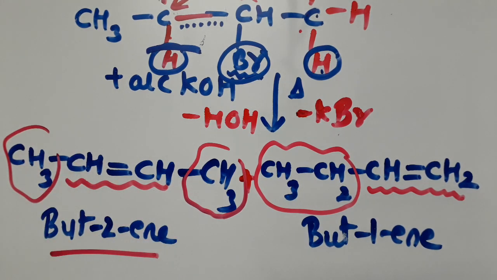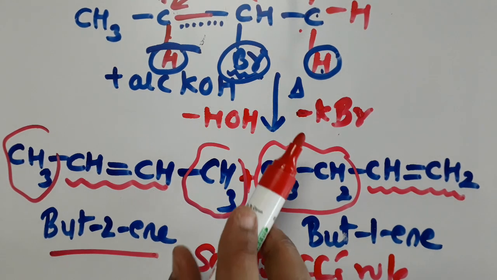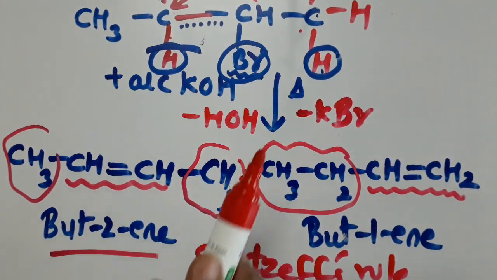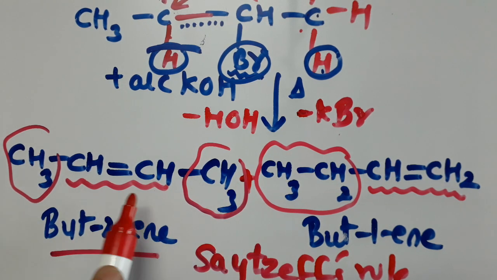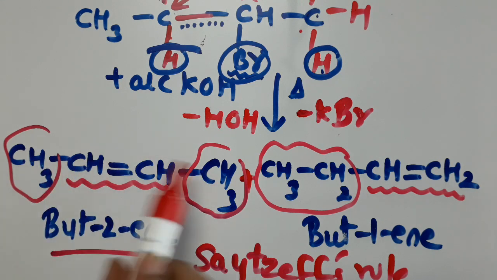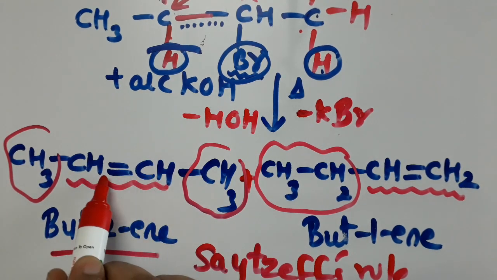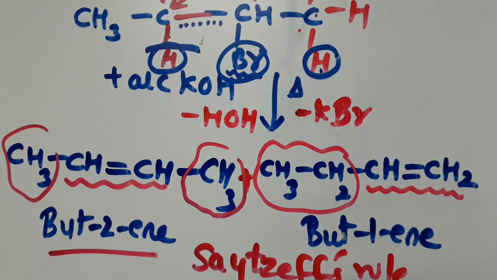Hence according to the rule, which is Saytzeff's rule, it says that in dehydrohalogenation, that product will be the preferred product in which the alkene contains more alkyl groups attached to the carbon-carbon double bond. So this is the answer of the given question.